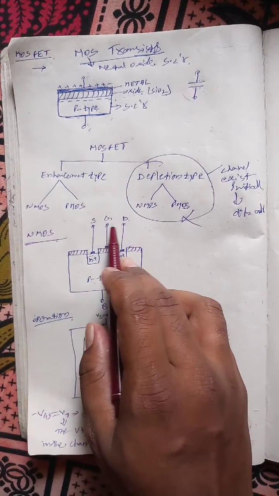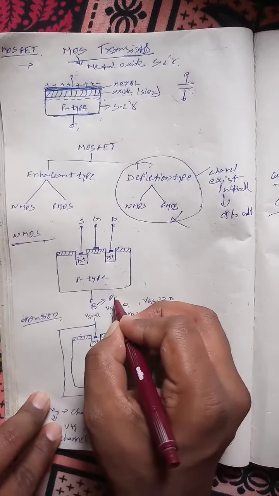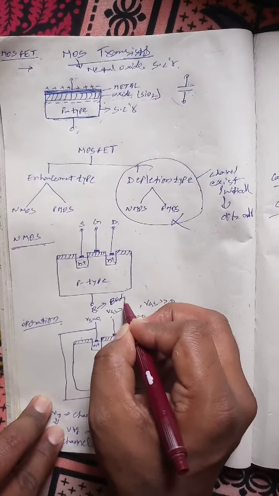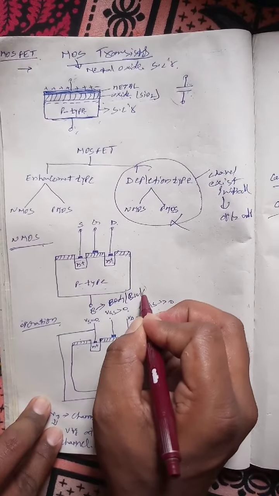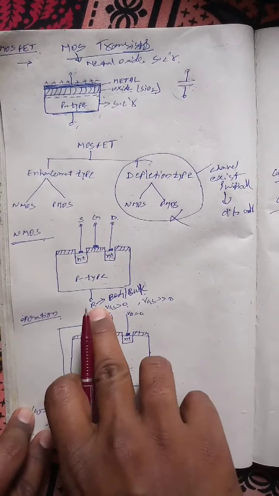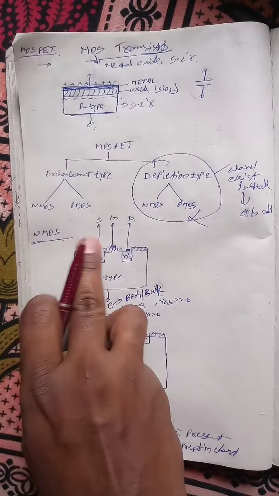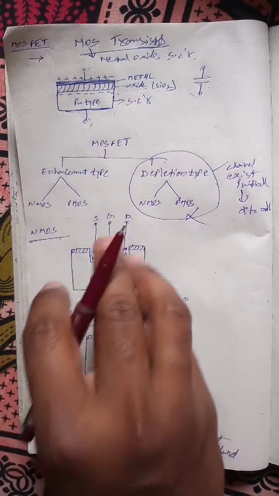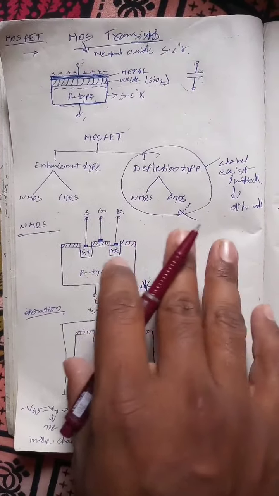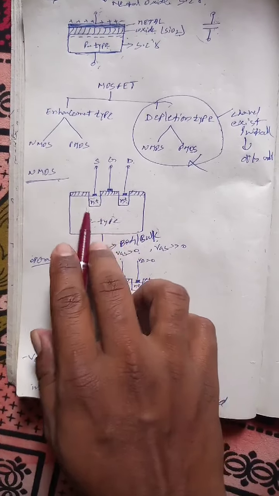Three are source, drain and gate, and the other is the bulk or body. This is going to be neglected because the bulk and source are shorted when we keep our NMOS or PMOS device in operation. This is a simple design of the NMOS.